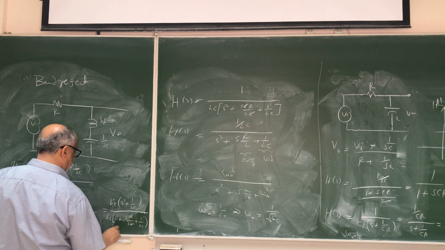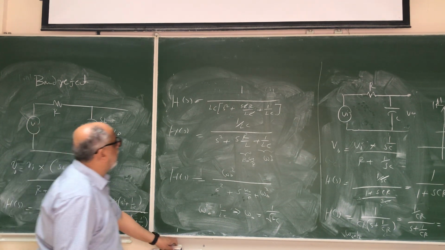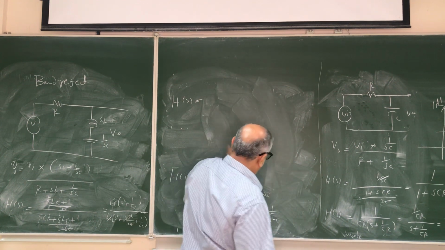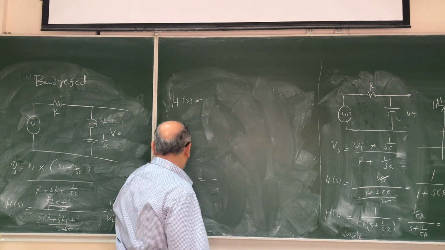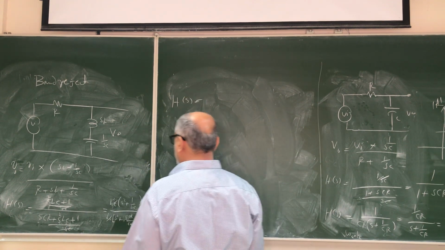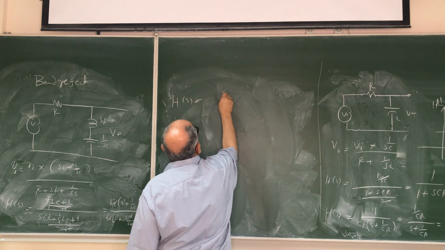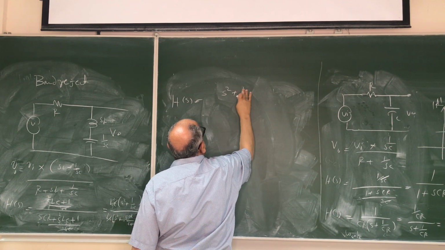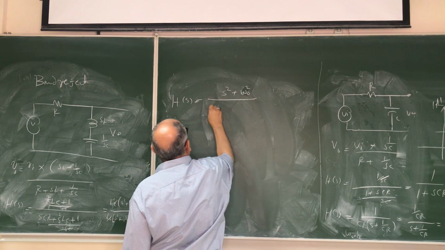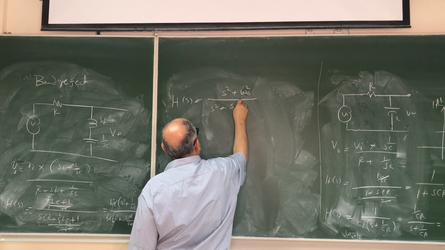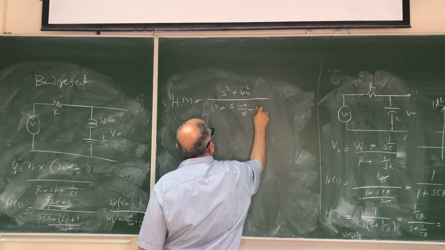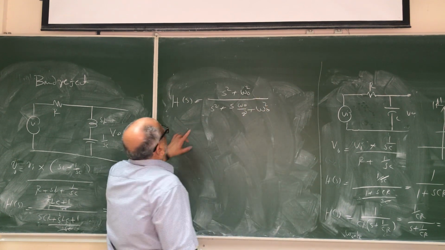So this C will go with that C, LC will go with LC, and our transfer function is H of S is equal to S square plus omega naught square divided by S square plus S omega naught over Q plus omega naught square.